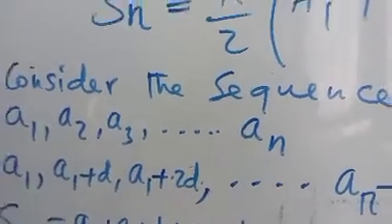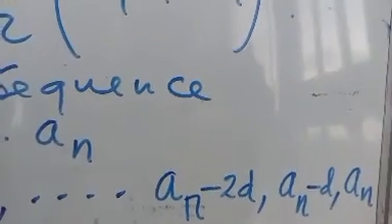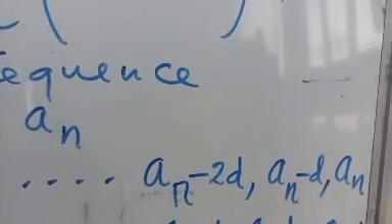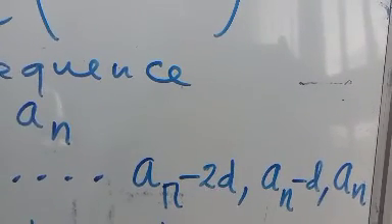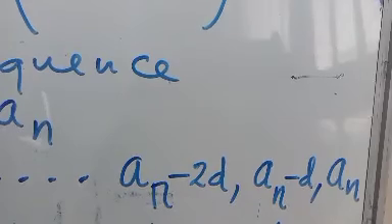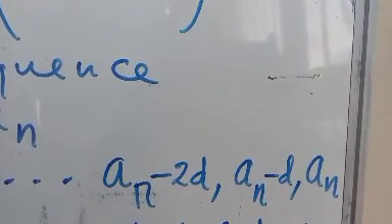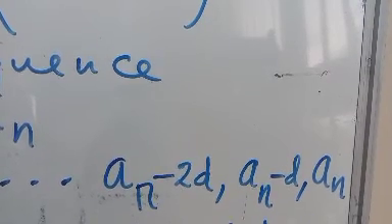The process continues up to the last terms. Here you can see that I have written an minus 2d, then an minus d, and the last one is an.